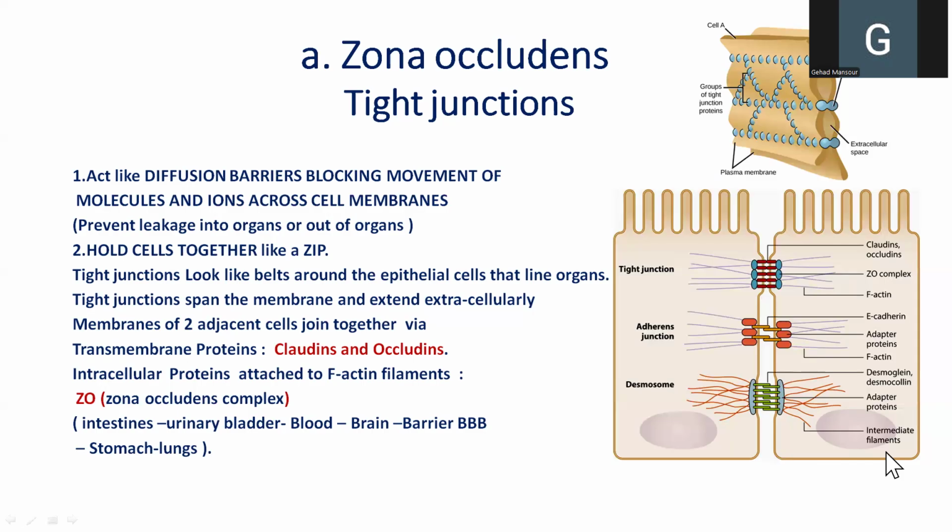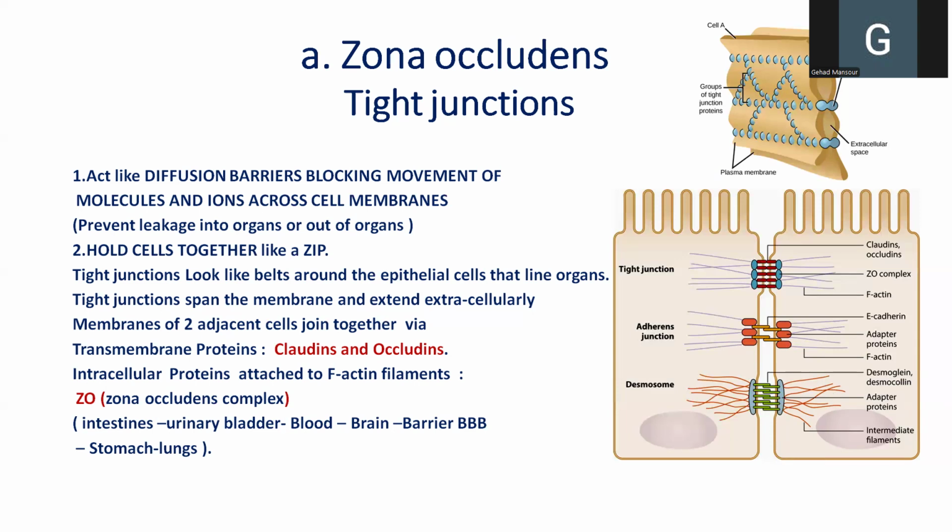They are intermediate filaments, but we still have the same basic structure, meaning that we have adapter intracellular proteins, and then we have the transmembrane and extracellular proteins, which are the desmogleins and the desmocollins. So just like the claudins and the occludins, and just like the E-cadherins, the desmogleins and the desmocollins have a transmembrane part and an extracellular part. This is basically the structure of the three types of junctions.